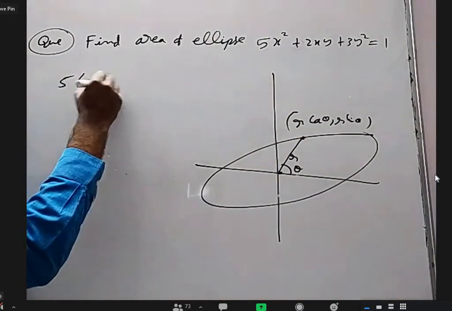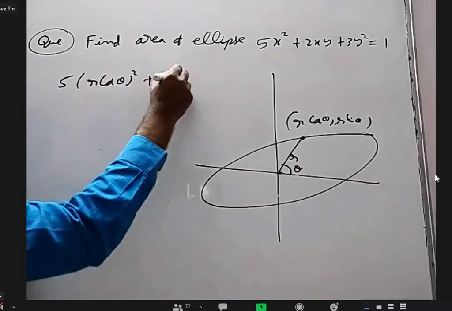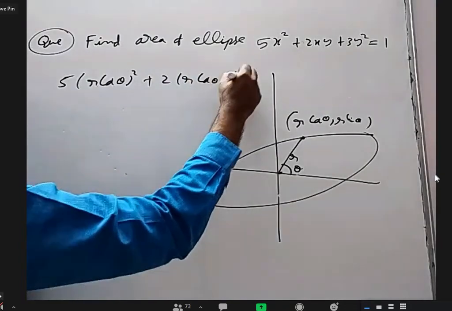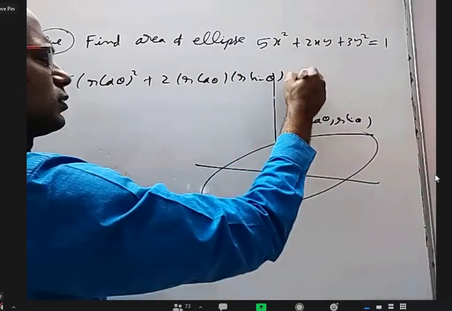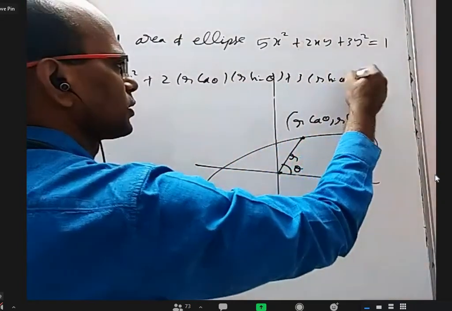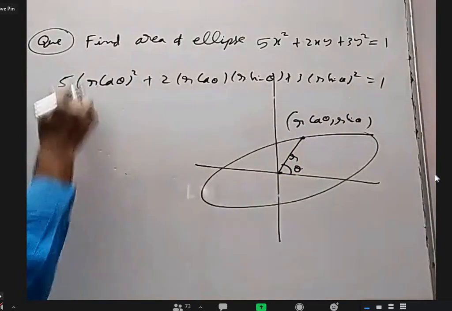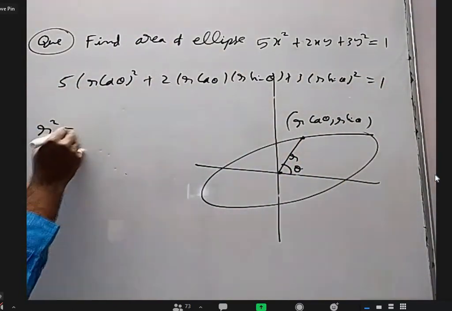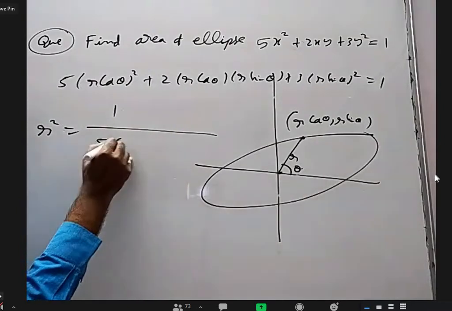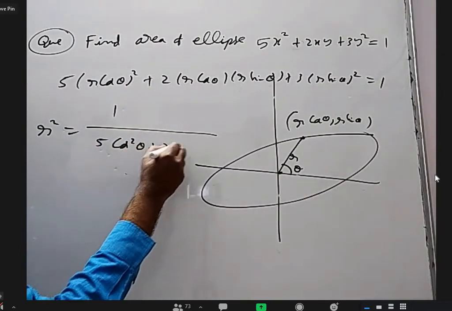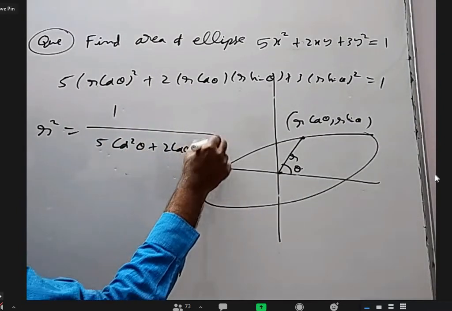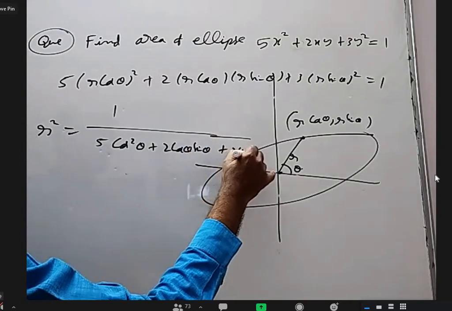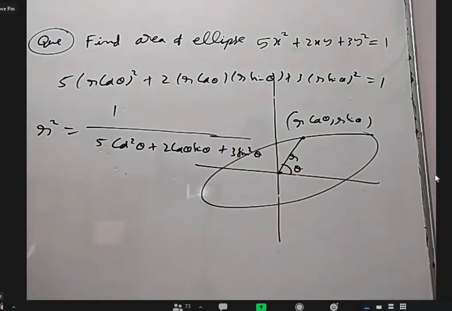We'll get 5 into (R cos theta) whole square, plus 2 into R cos theta into R sin theta, plus 3 into (R sin theta) whole square. If I take R square common and send that side, we'll get R square equal to 1 by (5 cos square theta plus 2 cos theta sin theta plus 3 sin square theta). Have we got R in terms of theta? Yes.